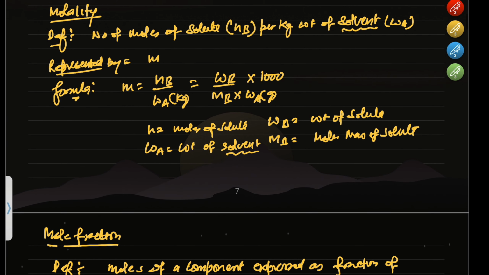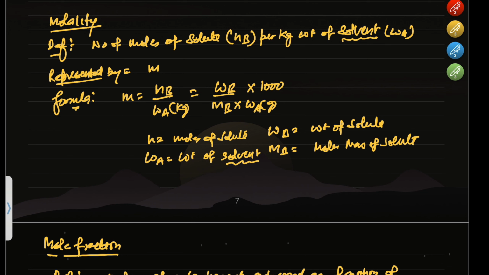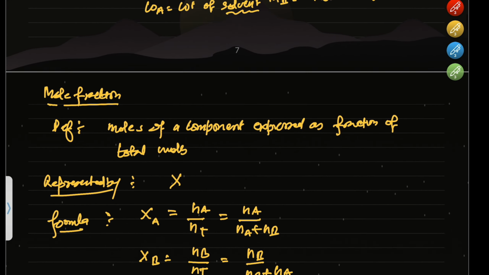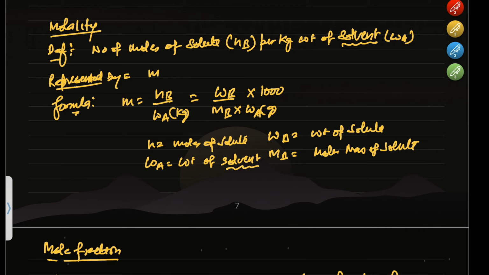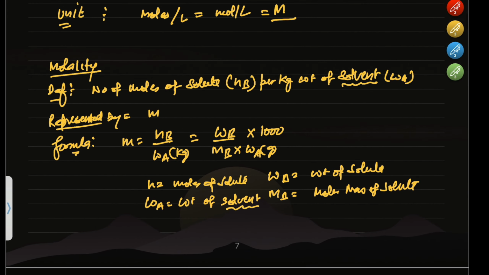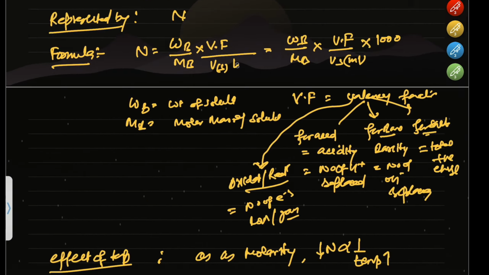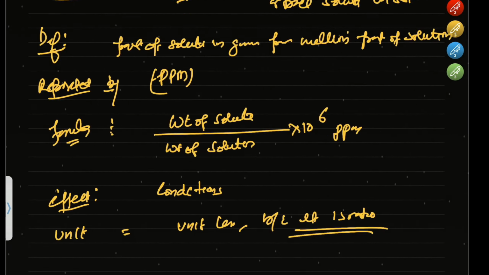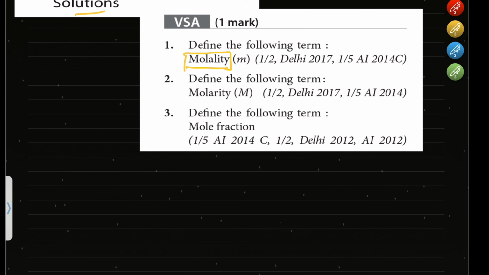Molality is the number of moles of solute per kg of solvent, represented by m. Formula is this, and it is independent of temperature. But according to the weightage, otherwise we cannot complete our paper in examination. So we have to keep weightage in mind. According to the weightage given, we should keep the length of the answer.